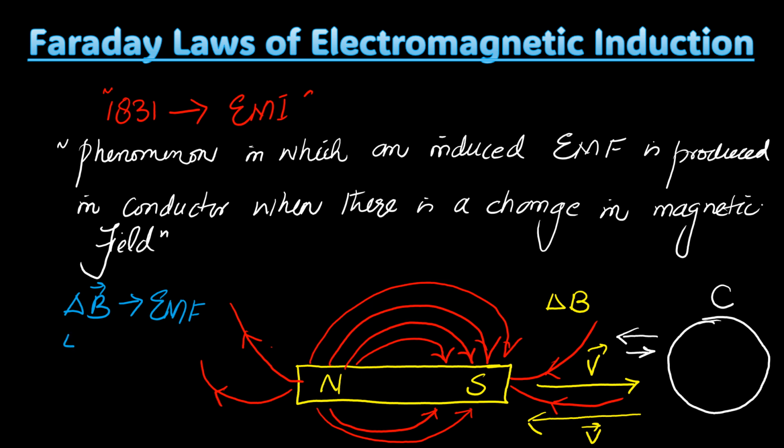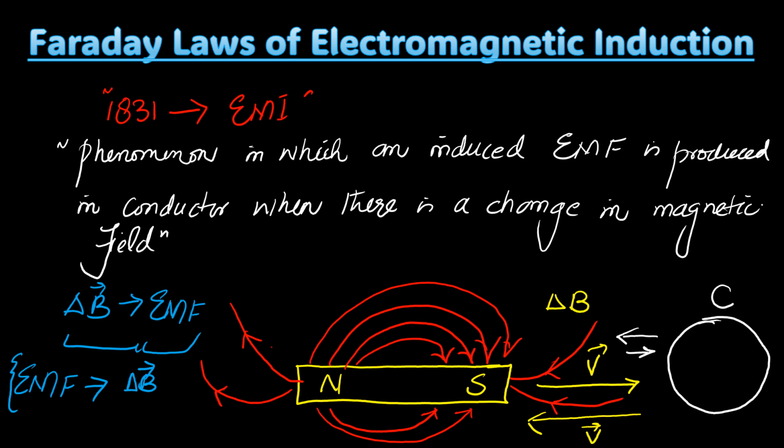So this is basically called magnetic induction, and the production of an electromotive force due to a change in magnetic field is known as electromagnetic induction. On the basis of this production of electromotive force due to change in magnetic field, Faraday proposed two laws of electromagnetic induction.